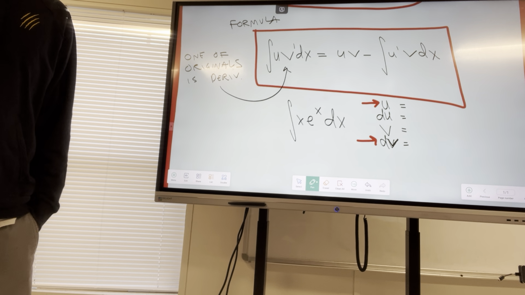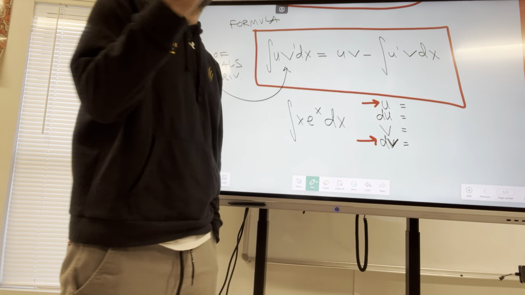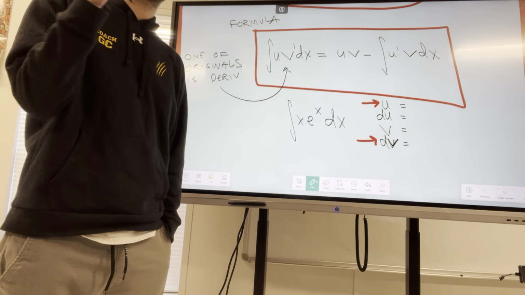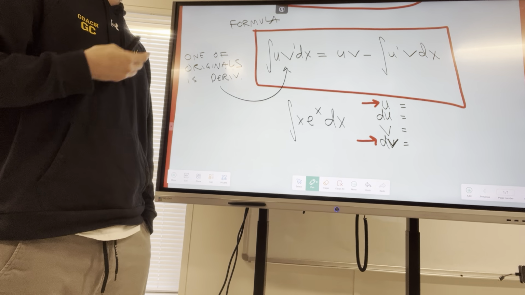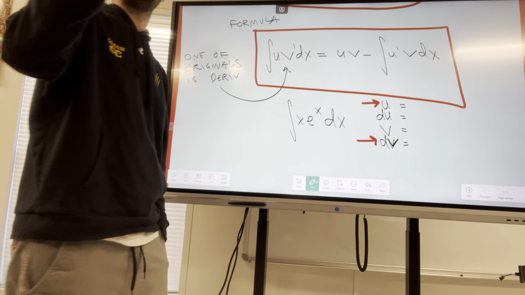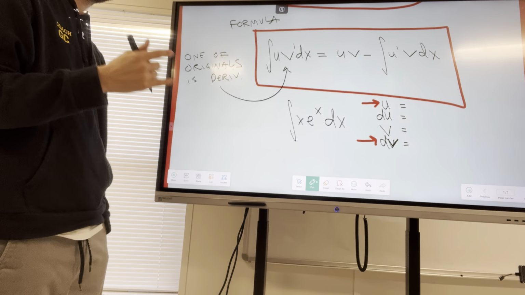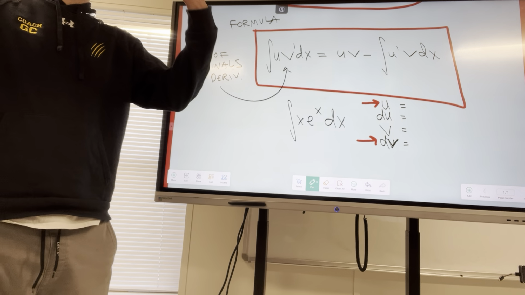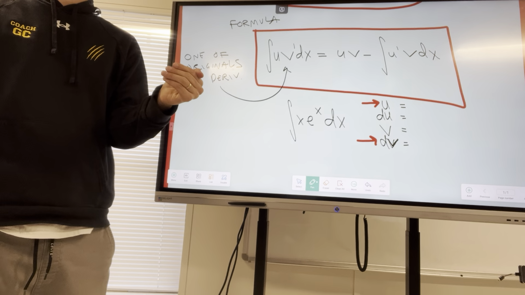So 50-50, which one do you think should be the u? And I'll give you a hint. We're trying to make this look nicer, which means when we take the derivative of u, hopefully it becomes nicer. So which one of these, when we take the derivative, will degrade down a level?